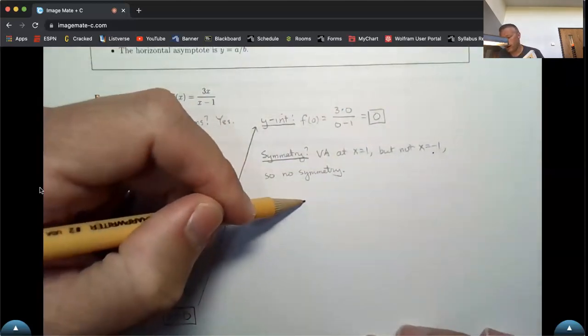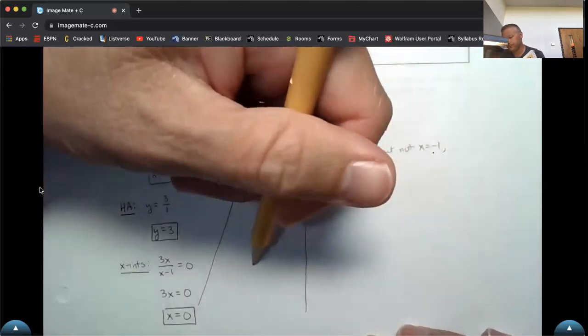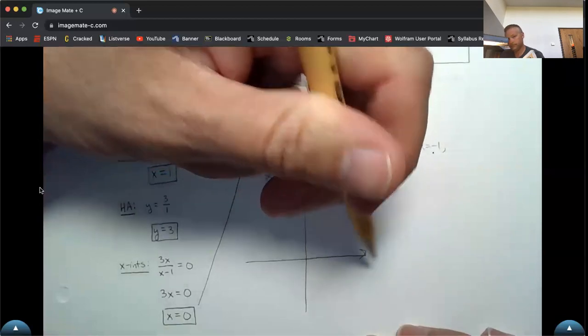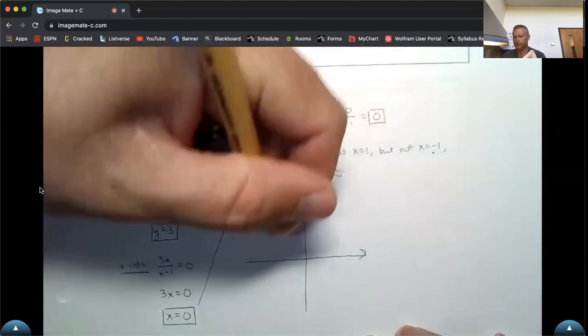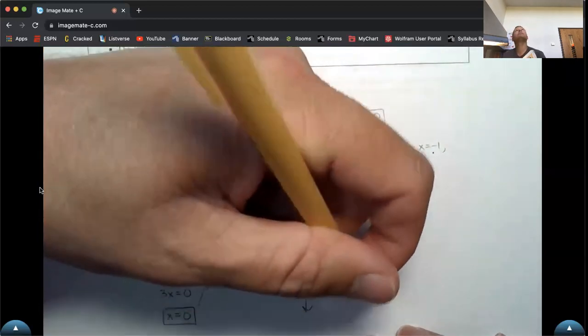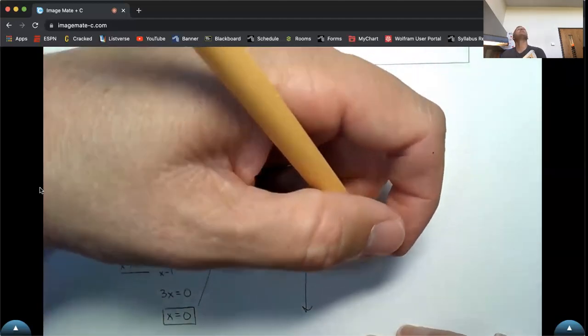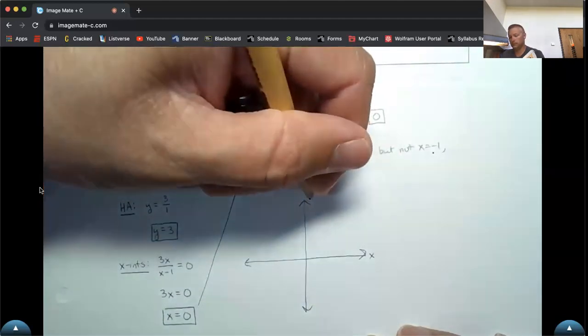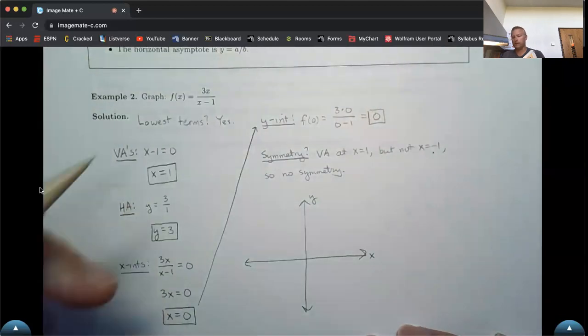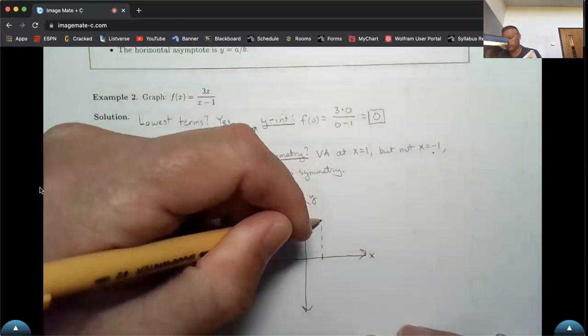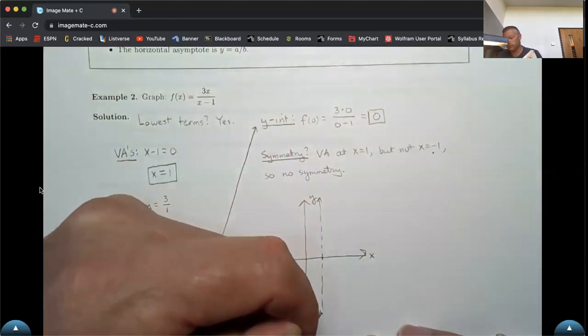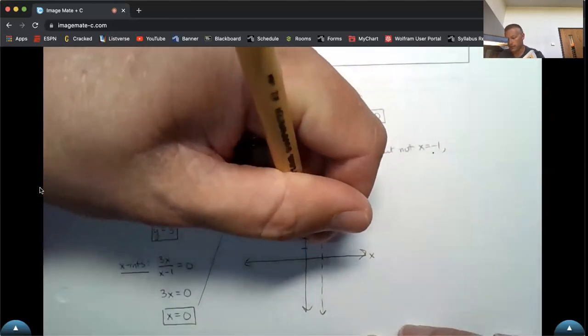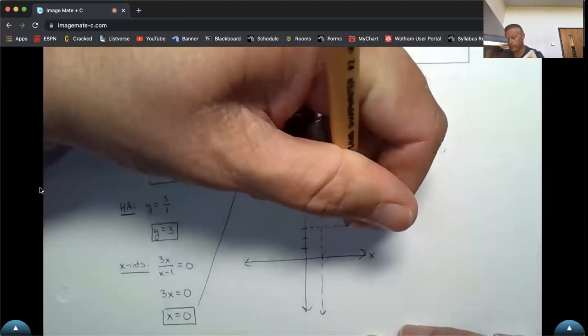All right, so let's sketch the graph the best we can. So I've got a vertical asymptote at x equals 1. I have a horizontal asymptote at y equals 3.